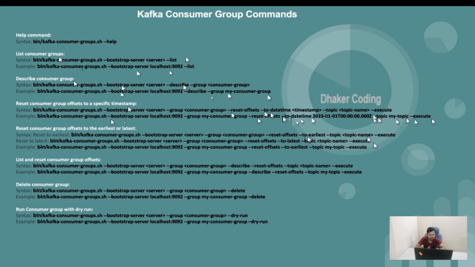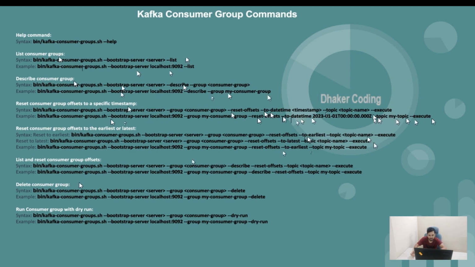It will reset the offset to the earliest or the latest one. In the example, in my consumer group, for my topic, I want to reset the offset to earliest, so I give --to-earliest and the execute option. Similarly, you can reset the consumer group offset and execute with a similar command.